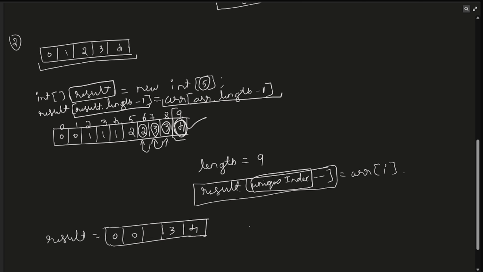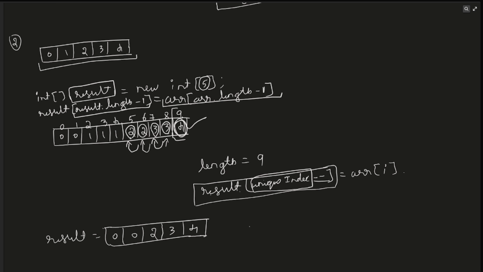Now in the 6th index, the current element is not equal to the next element. So we are inserting the current element into the resultant array. Since the unique index is getting decremented, we will be inserting the element from the last. Now flow goes to the 5th index.